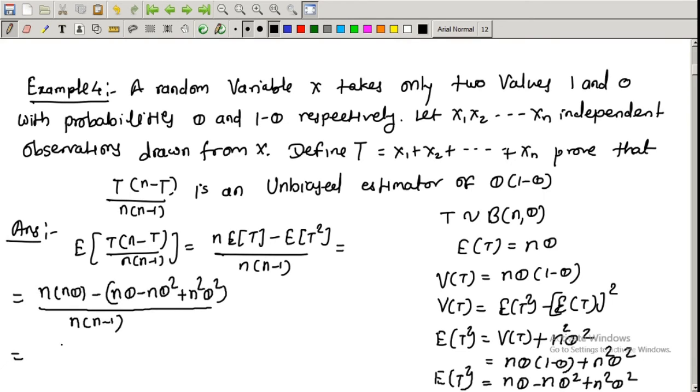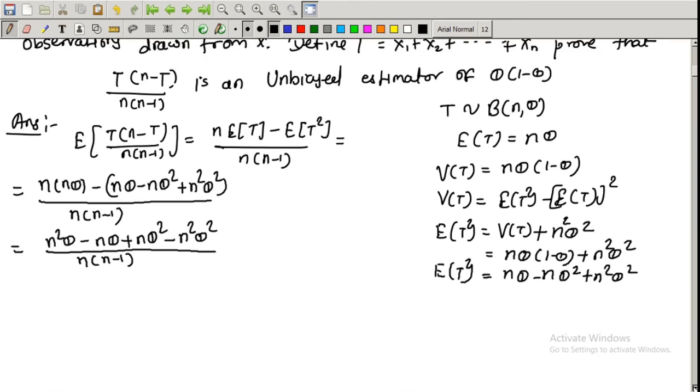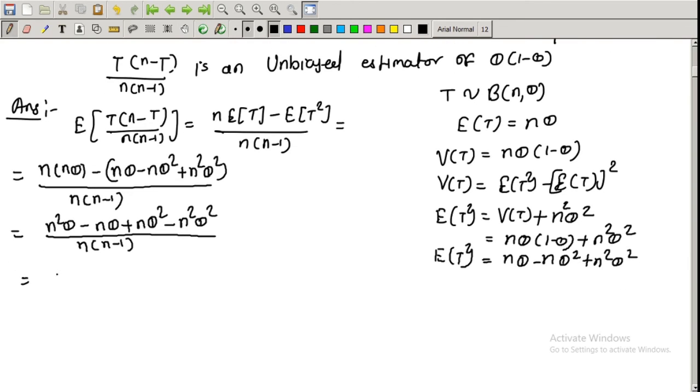So which is equal to n square theta minus n theta plus n theta square minus n square theta square divided by n into n minus 1, correct? Then n square theta and minus n square theta square term is there, correct?